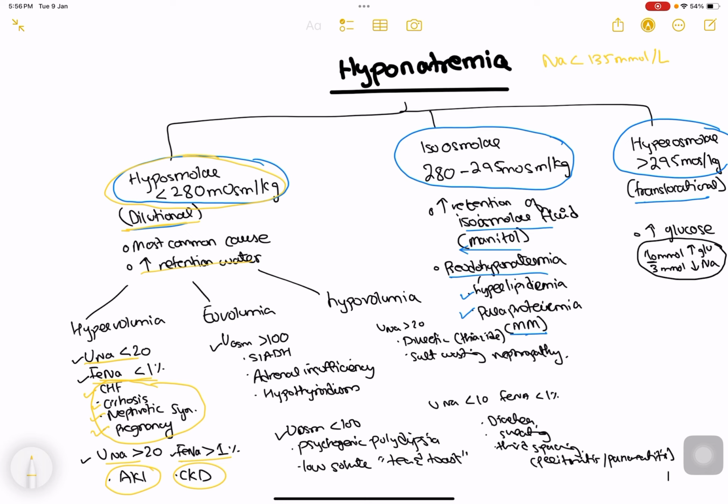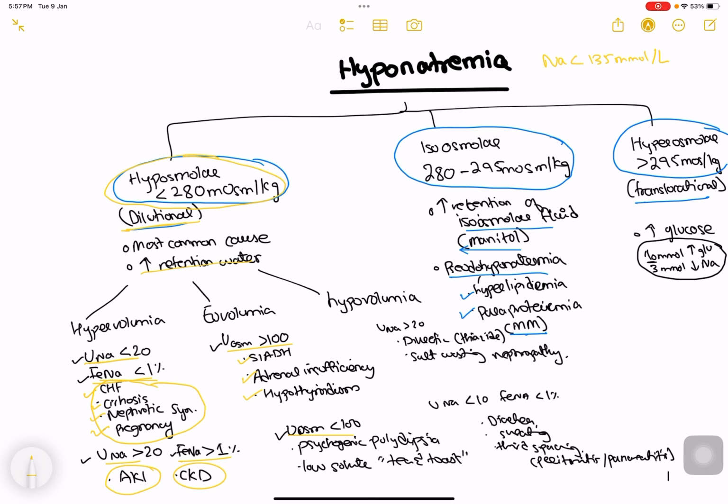Okay. And then if it is euvolemia, where urinary osmolarity is more than 100 or less than 100, we see urinary osmolarity. If urinary osmolarity is more than 100, that means the patient may have SIADH, adrenal insufficiency or hypothyroidism, most likely related to hormones.